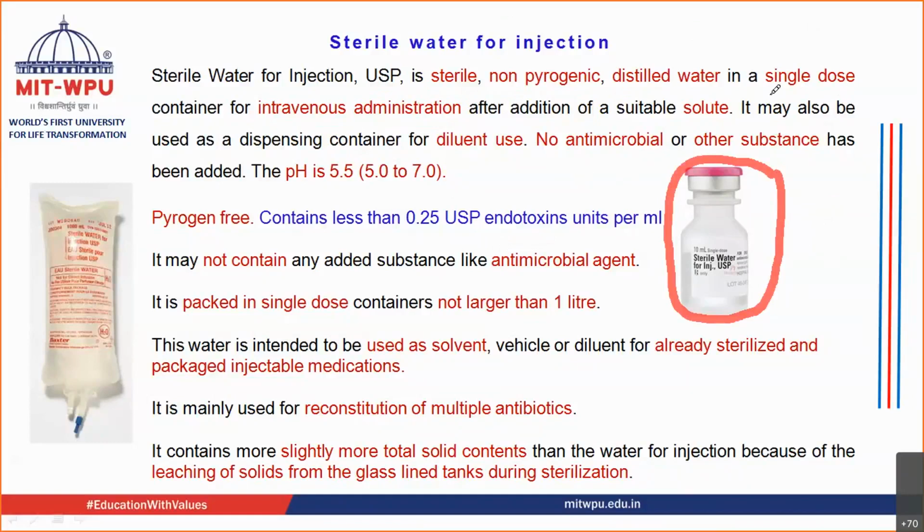Usually, it is a single dose container. Water for injection is used in very large quantity, whereas sterile water for injection is present in the range of 10 ml to near about 1000 ml. Not more than 1000 ml is packed at one given moment of time.